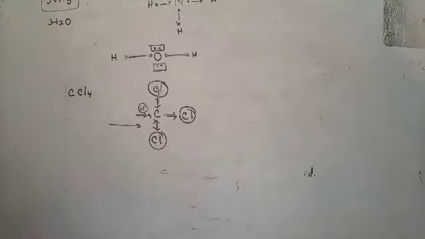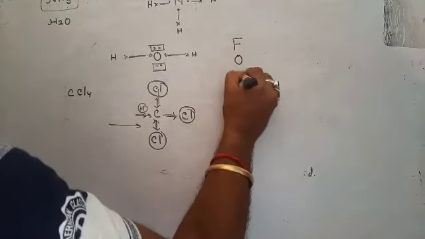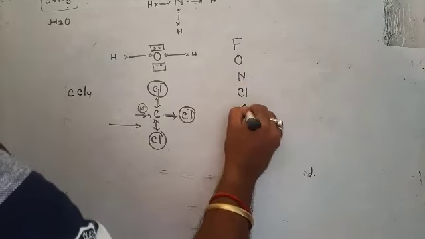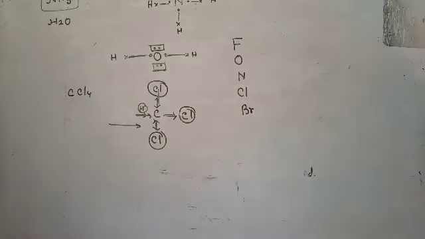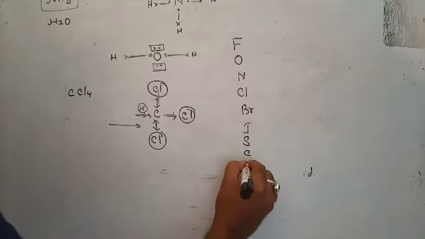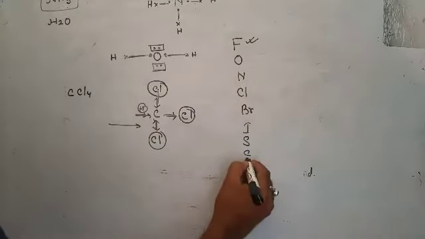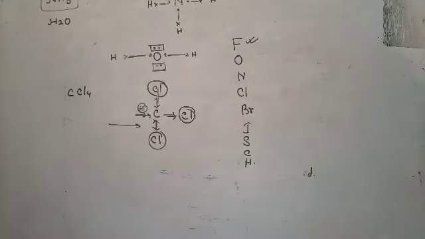And there is one more concept, the trick for finding whether a molecule is polar or non-polar. For this you have to learn a formula: F, O, N, Cl, Br, I, S, C and H. Fluorine has the highest electronegativity and hydrogen the least.